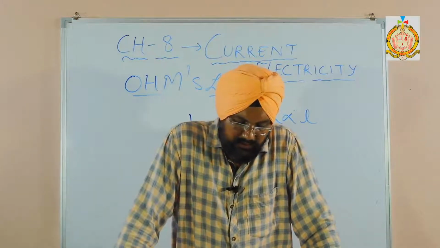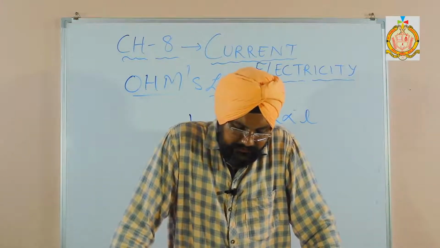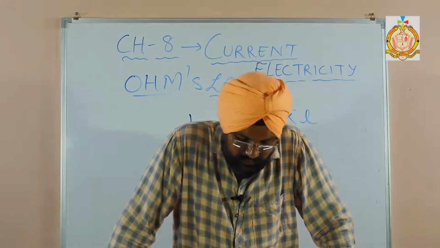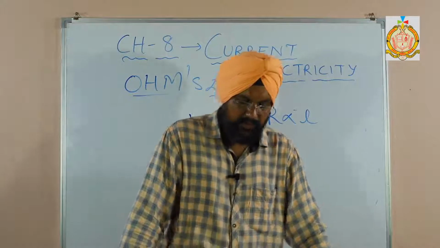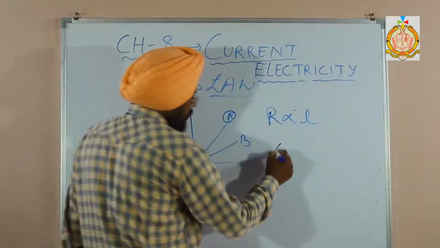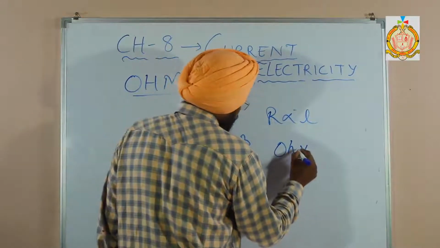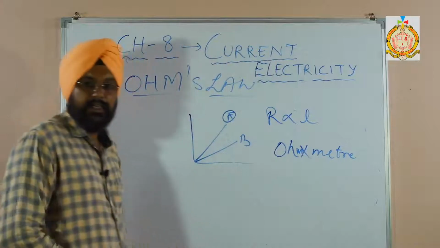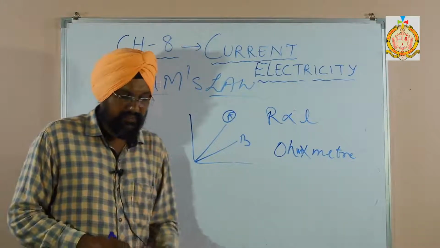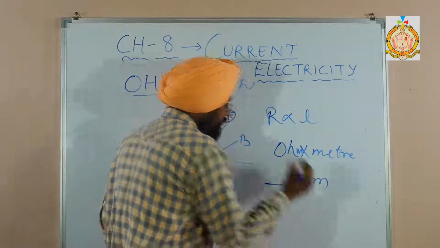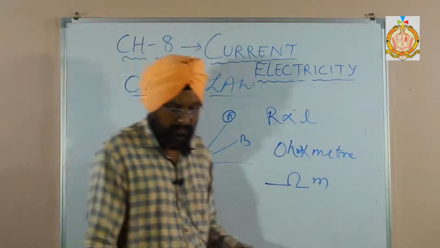In other words, the specific resistance of a material is the resistance between the opposite faces of a unit cube of that material. The SI unit of specific resistance is ohm meter.